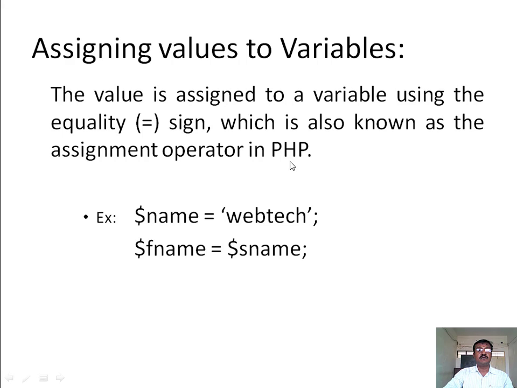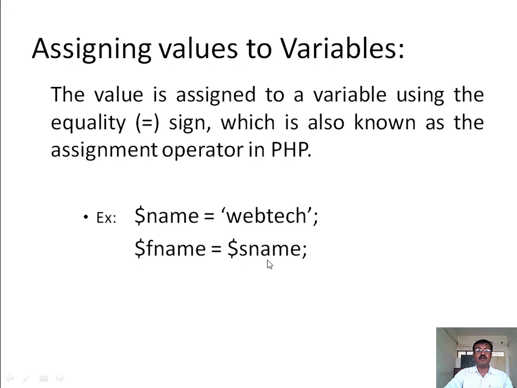To assign a value to your PHP variable, we can use this assignment operator or equal sign. Here are a few examples. Here I am assigning some value. Webtech is a string that I am assigning to the variable called name. So this is the name of a variable, and I am assigning this string to this variable with the help of this assignment operator.